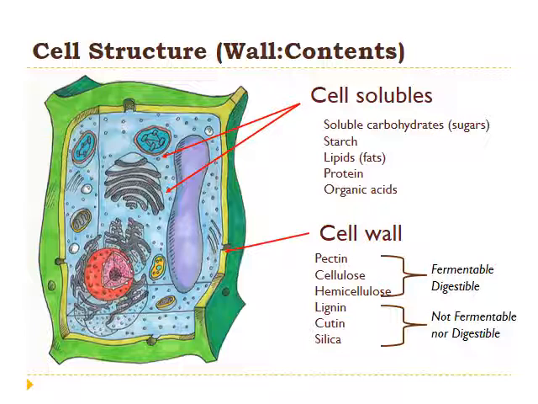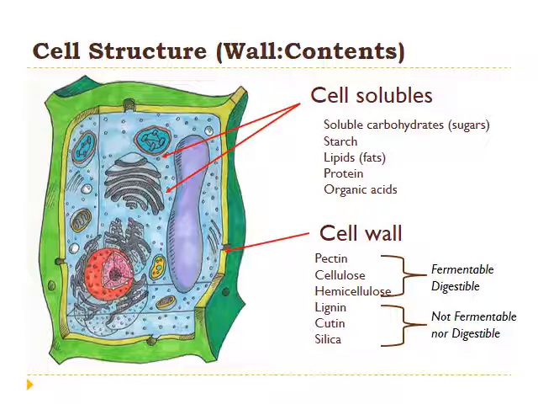So they vary in digestibility. Usually to get a lot of energy out of especially cellulose and hemicellulose, you have to have a symbiotic relationship with a microorganism. So ruminants and hindgut fermenters like horses and rabbits can digest these things.